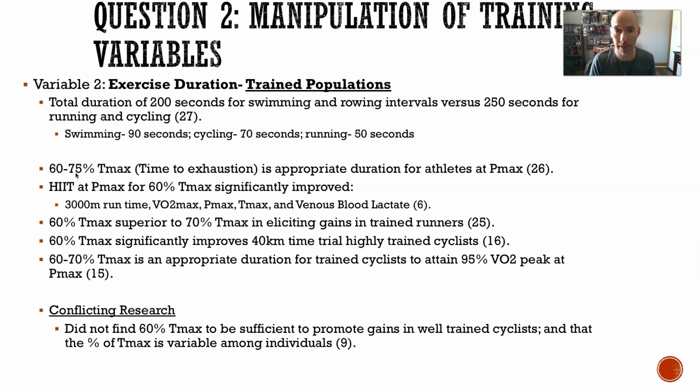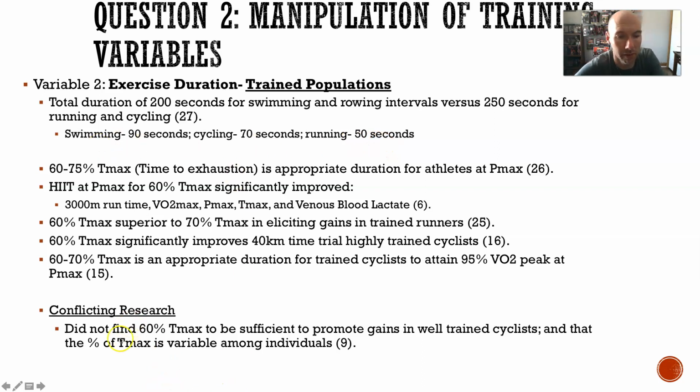Okay, so what that's telling me is if my time to exhaustion is 2 minutes, then in order to effectively do interval training, I need to exercise at 60 to 75 seconds. And these different research studies essentially find the same thing. So somewhere between 60 to 75% of your time to exhaustion, that is how long your work interval should be, okay? And honestly, that matches up pretty well with what we see here.